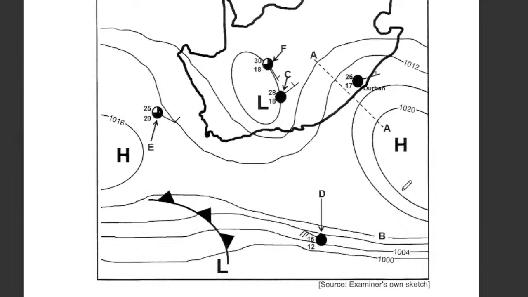So if this is 10, 20, and the interval here is 4, therefore this is 10, 16, that means this one is 10, 12.